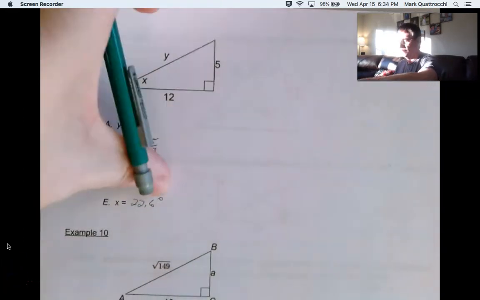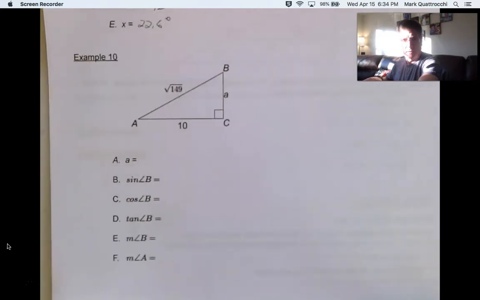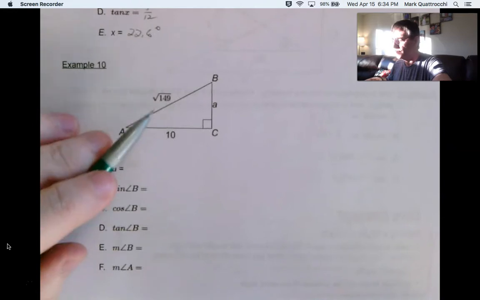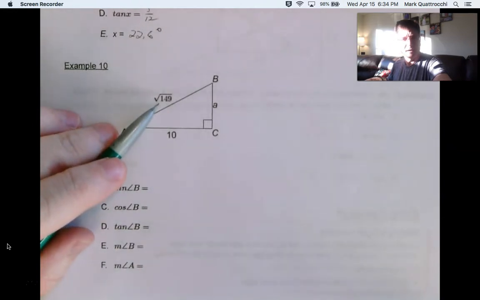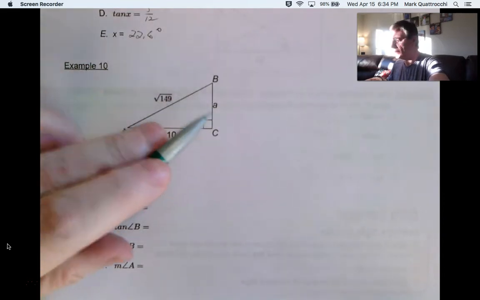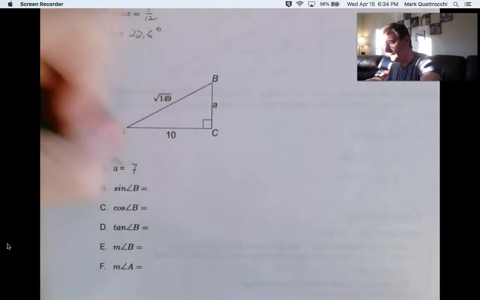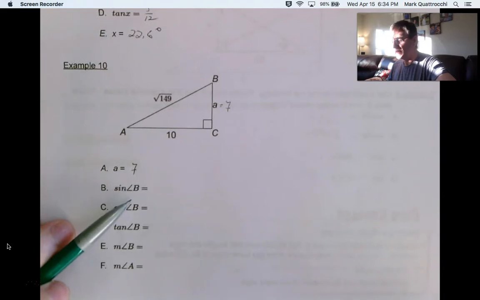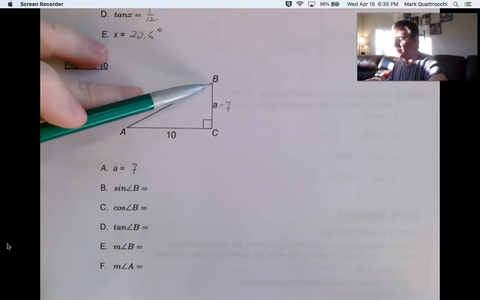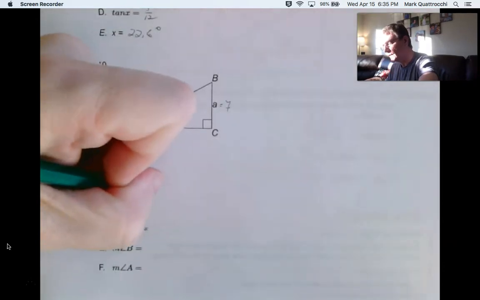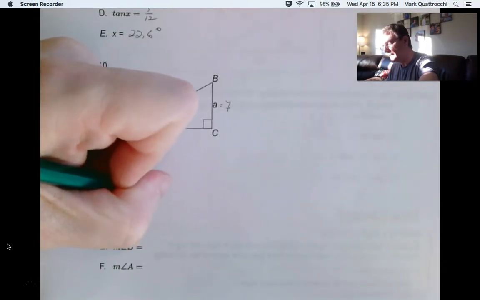Example 10. Again, to find A, Pythagorean theorem. 149 minus 100 is 49, square root of that, A is 7. Sine of angle B, so we're up here at B. Sine, opposite over hypotenuse, 10 over the square root of 149.